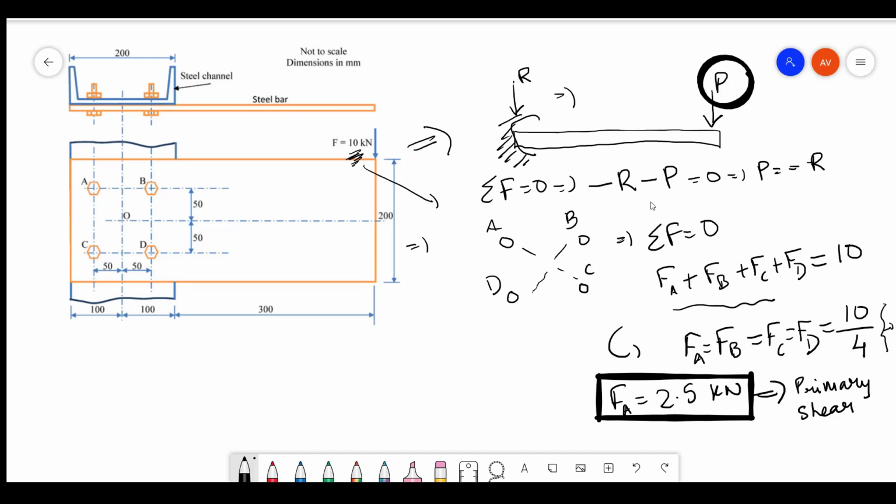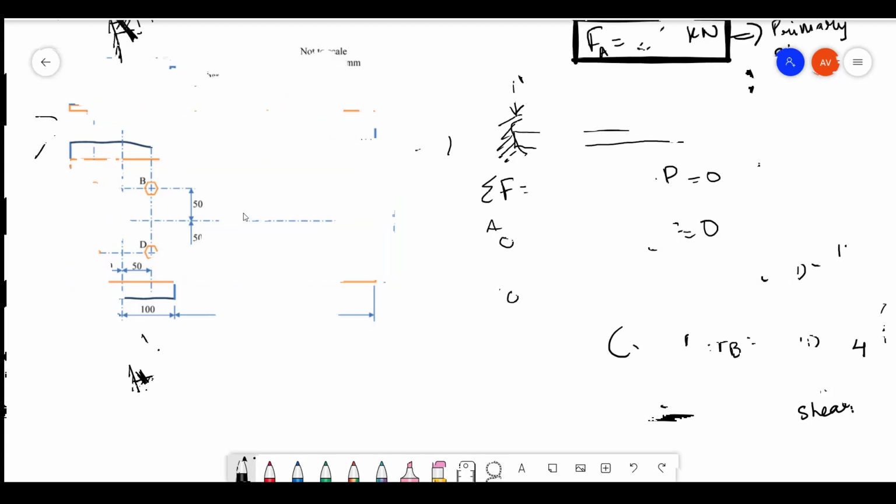If you see from the side view, if this is your bolt, this is your structure, your bolt is actually getting loaded like this by the other forces, so it is inducing shear. That's why you call it primary shear or secondary shear.